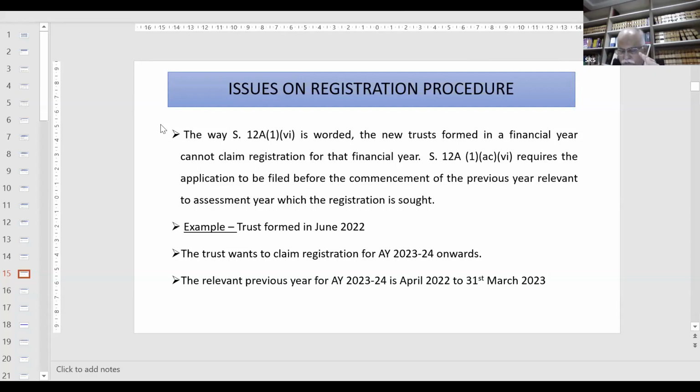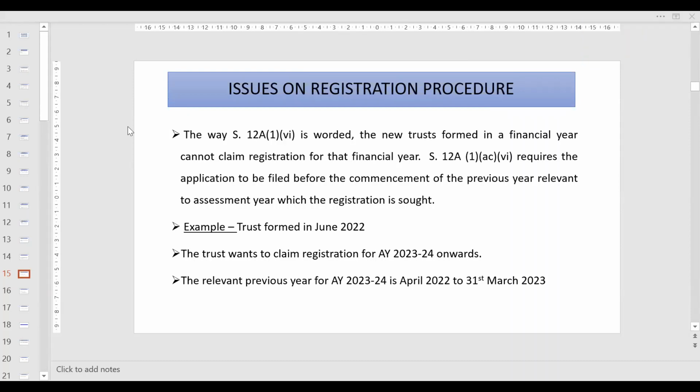And therefore, on a very literal reading of clause 6, it is this. But then the courts may say that, okay, we have to do some violence to the language, we will read it as, instead of previous year, we'll read it as... Yes, sir. Next one.